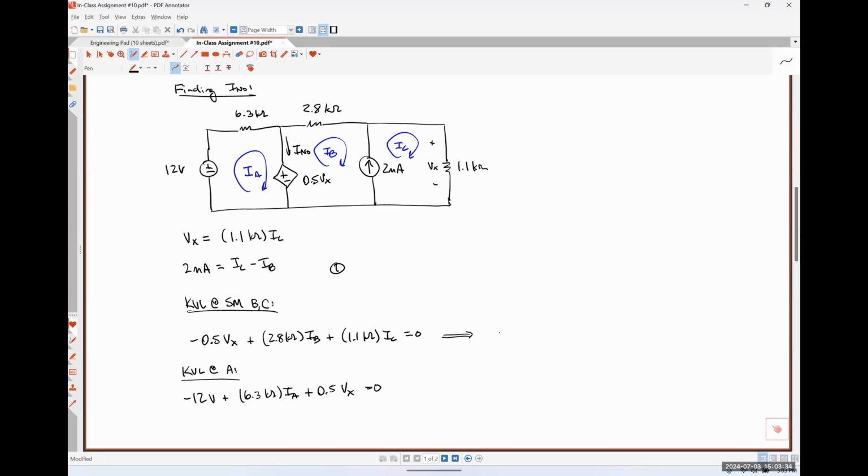So let's see, 2800 IB plus 550 IC is equal to 0. If I did my algebra there correctly, if I messed it up, please let me know.